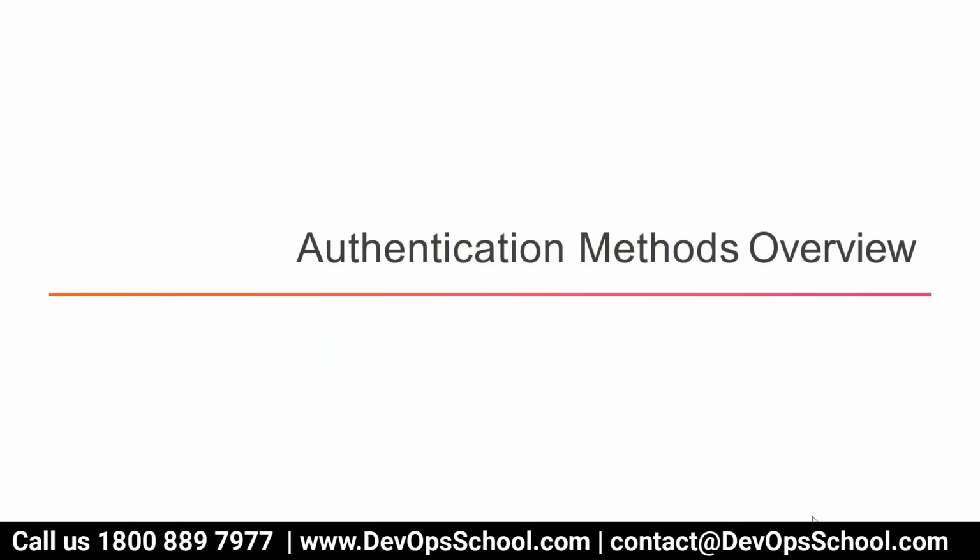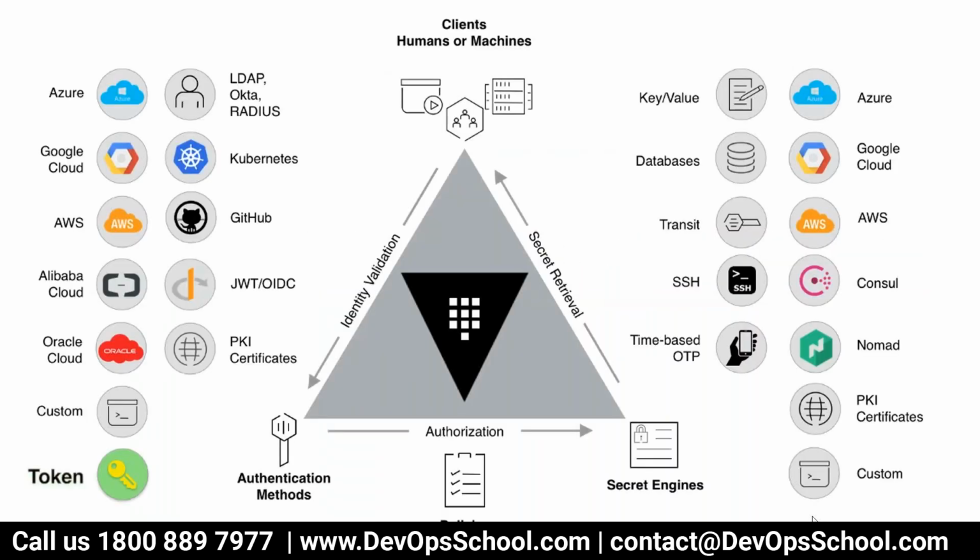So, authentication method overview. Look at this. These are the options available. A few more will be there. Using these, you can authenticate to Vault. Here, on the left side, whatever you see is an authentication method. On the right side is the secret engine supported.